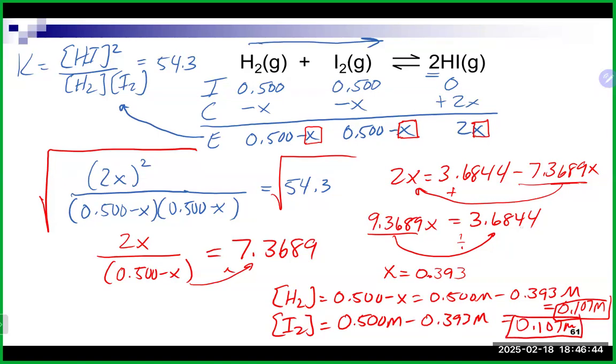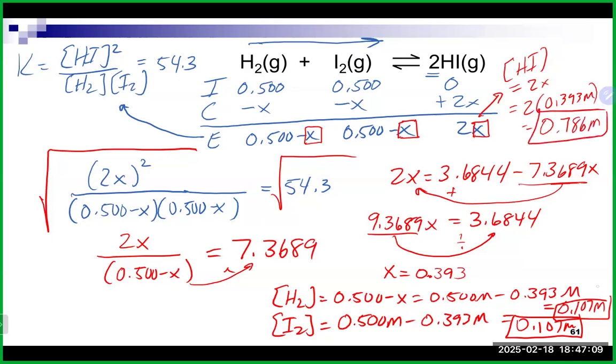And lastly, our HI at equilibrium is 2 times X. So that would be 2 times 0.393 molar, which gets us 0.786 molar. By the way, these are concentrations. They do need units, so they need some molarity on those guys. And that would be our equilibrium concentrations.